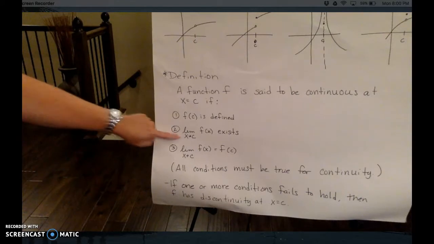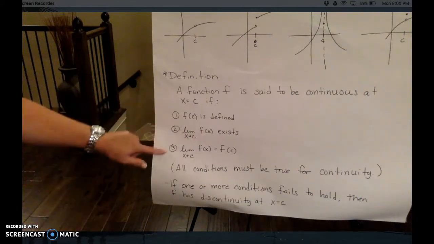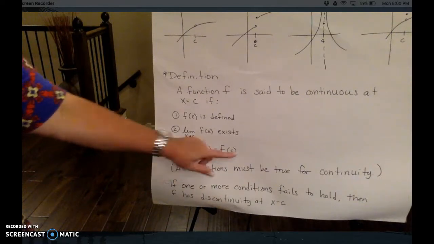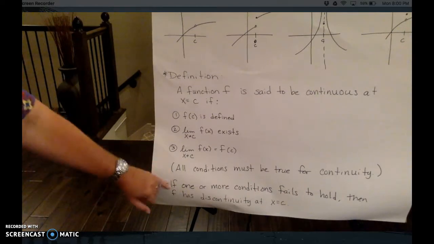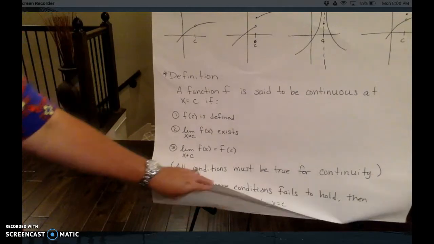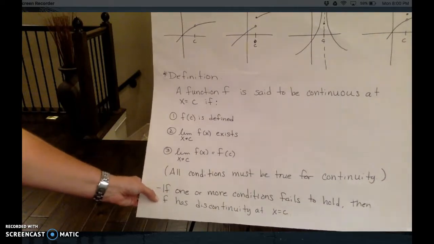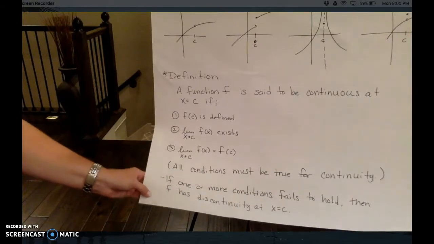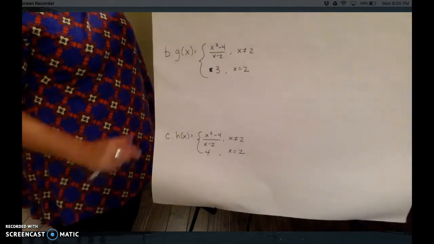Number 2, the limit as x approaches c of f of x has to exist. And number 3, the limit as x approaches c of f of x has to also equal f of c itself. Really, these statements say the same thing. All conditions must be true for continuity. If one or more of these conditions fails to hold, then f has what we call a discontinuity at x equals c. That's another fabulous spelling word, discontinuity.